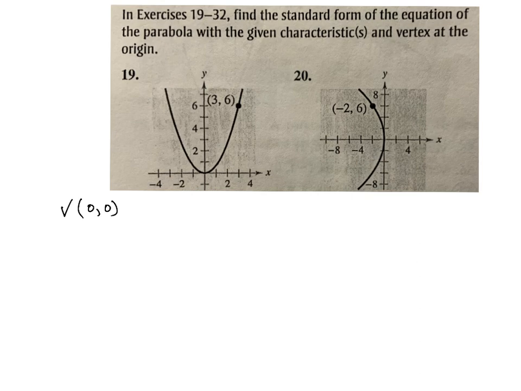So if I'm looking at number 19, does it give me my focus or my directrix? No, it doesn't. However, what does it give me? A point. And it's a point on the graph, which we know, going back to chapter 1, section 2, is a solution. That's what a graph is. It's a solution set.